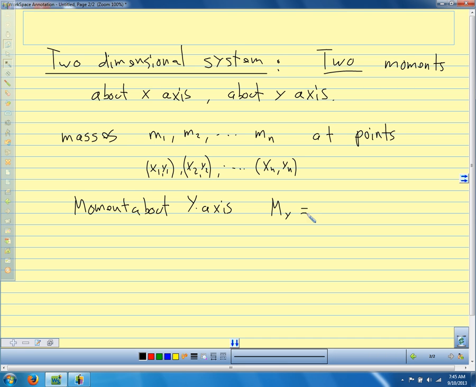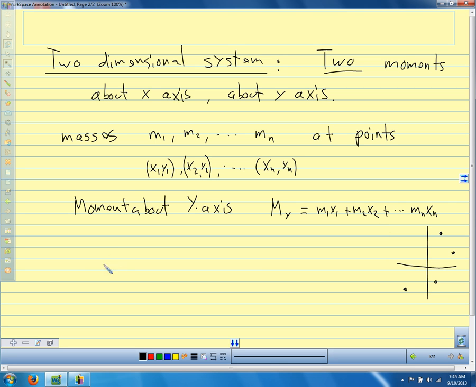If we have some points situated, our mass is located at these points. What's the distance in terms of its coordinates of this point from the y-axis? X. That's where we have to be careful. M sub y is m1 x1 plus m2 x2 plus dot dot dot m sub n x sub n. So the distance from the y-axis is given by the x coordinate.